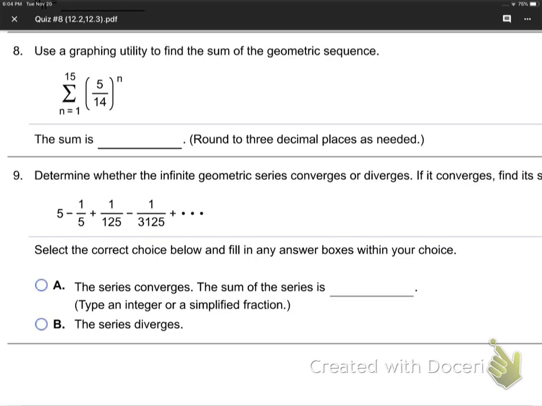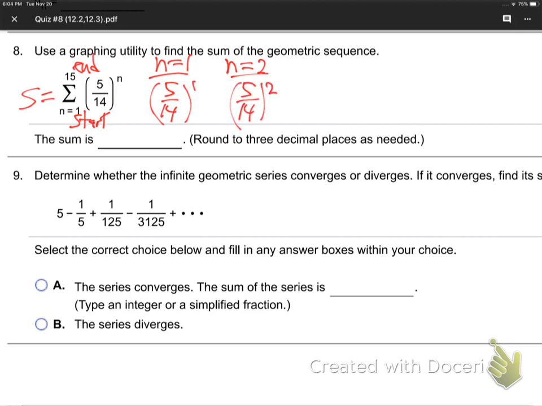Okay, so summation notation again. This is S. So start at n equals 1, end at 15. Plug in 1, you get 5/14 to the 1. Plug in 2, you get 5/14 to the 2, etc. So what's happening every time? Let's write the formula.